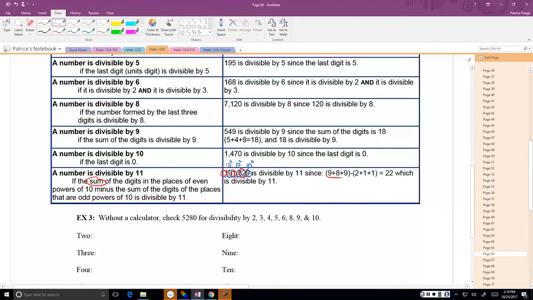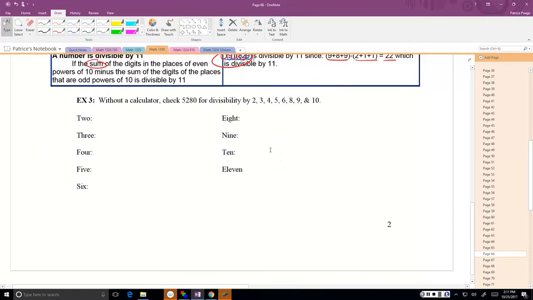And so if I add 9 plus 8 plus 9 minus 2 plus 1 plus 1, I get 22. 22 is divisible by 11, so this whole number is divisible by 11. Okay?